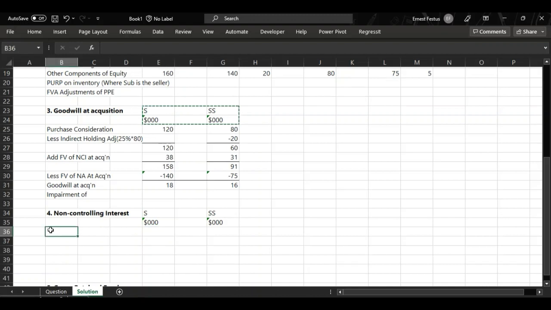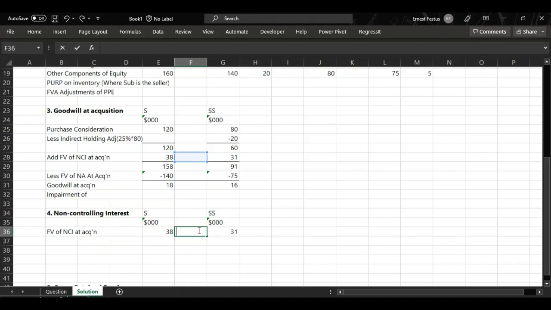Now we start with our fair values. Fair value of NCI at acquisition date, and that can be gotten from right here, so we can copy it over. Okay, it's fine.